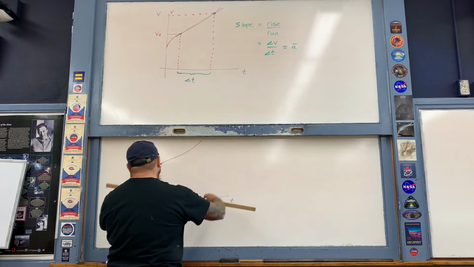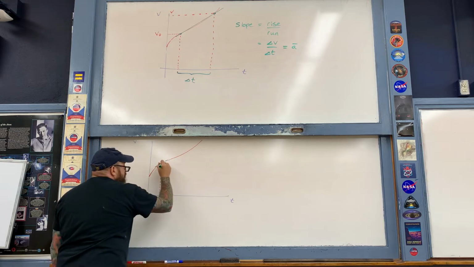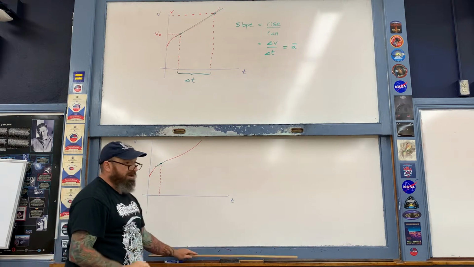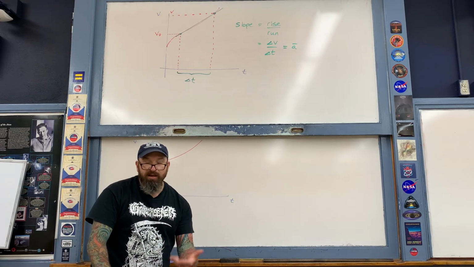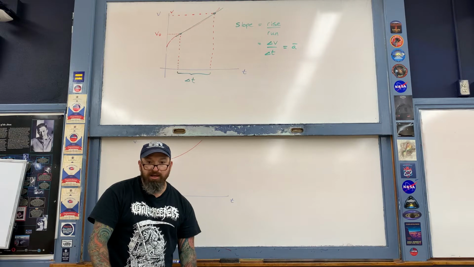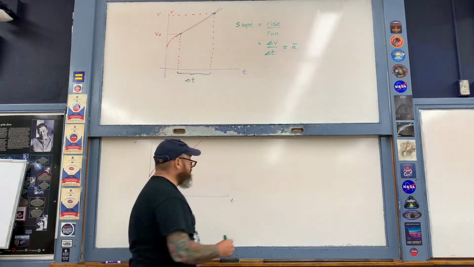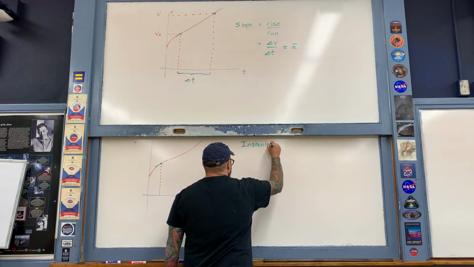That then looks like this. So this green tangent line right here only intersects the red polynomial right there at that point. The slope of that green tangent line tells us exactly how the velocity is changing at that instant. This is then giving us what is called instantaneous acceleration.